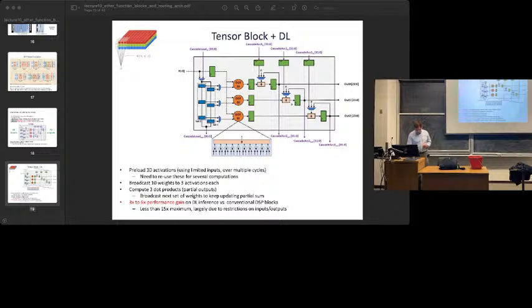You see the weights are kind of gradually scanning across the activations. So we can actually broadcast the weights. The weights come in here, and 10 weights get broadcast to 30 multipliers. And we are adding up data as we scan across all of these activations. So we don't actually need to bring out all of these intermediate results.